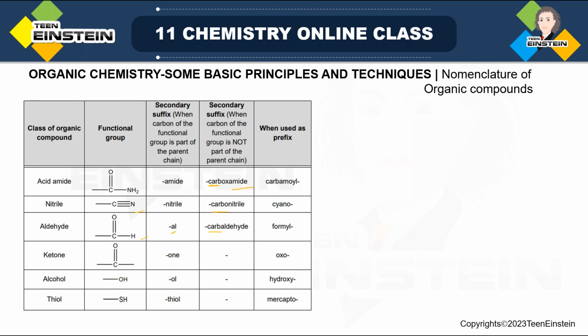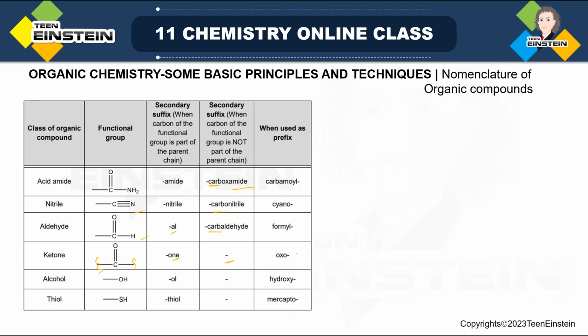This is also a very common functional group. We use one. Okay. Now in this case, a secondary suffix is not possible because, as you see, both sides there should be some substituents, right? So it cannot be outside the ring. Both sides you have to place some group. So it cannot be outside the ring.